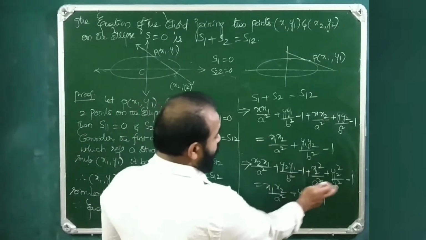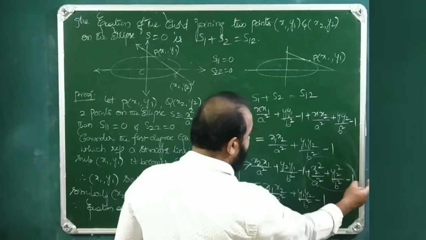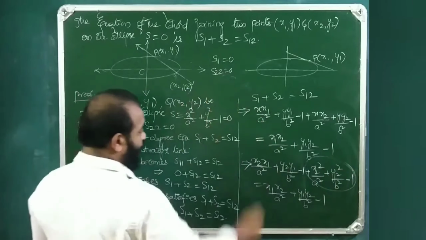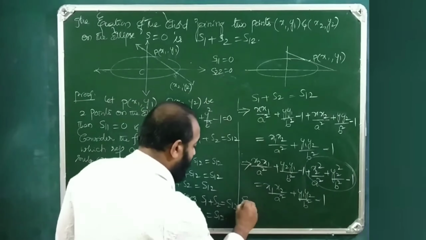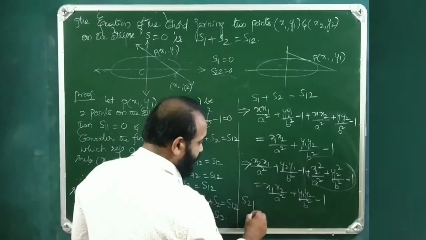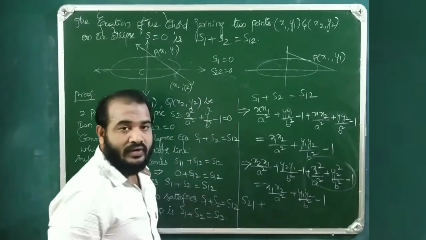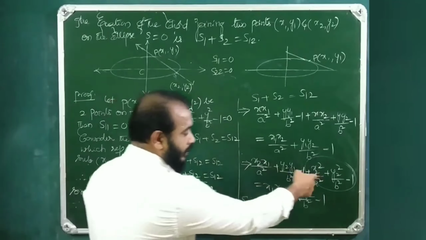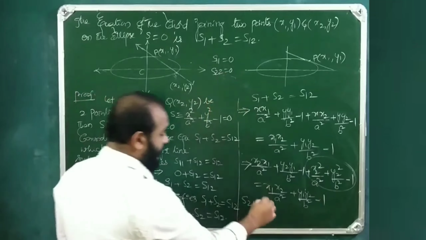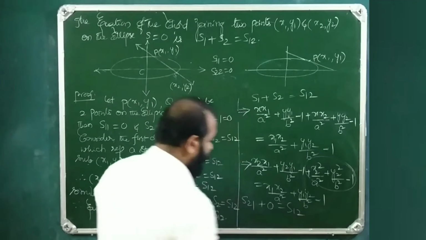So x2²/a² + y2²/b² − 1 is what? S22. And x2x1/a² + y2y1/b² − 1 is S21. Plus S22, which is 0, equals S12.